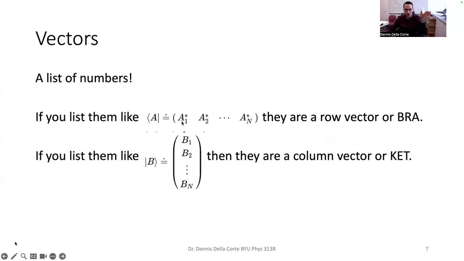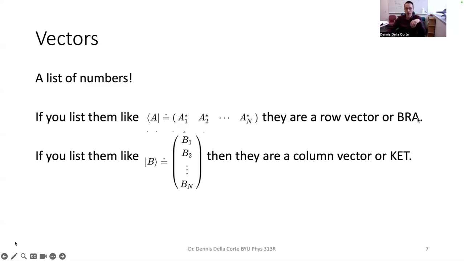If you write a list from left to right like that, then you could also say, well, I'm forming a row of numbers. And we are going to call a row of numbers like this a row vector. And the name for a row vector in this class will be bra.